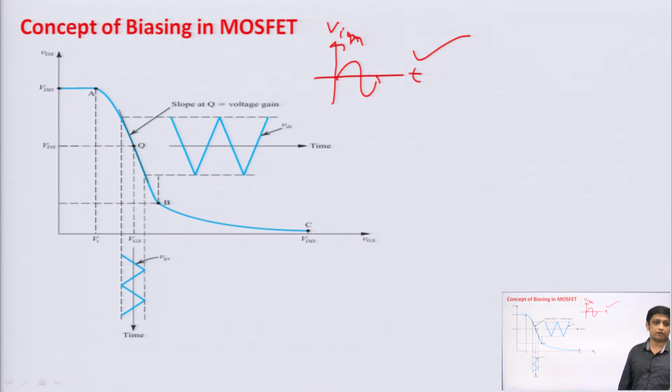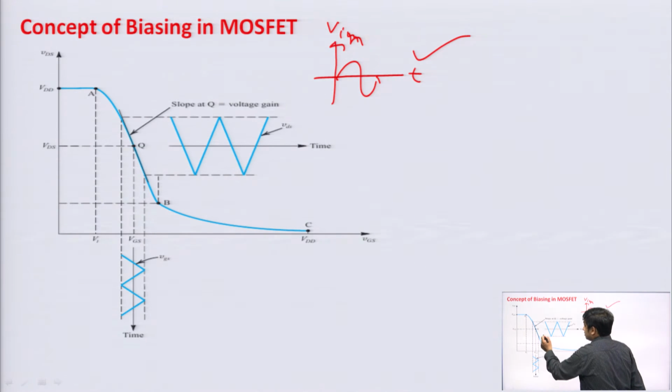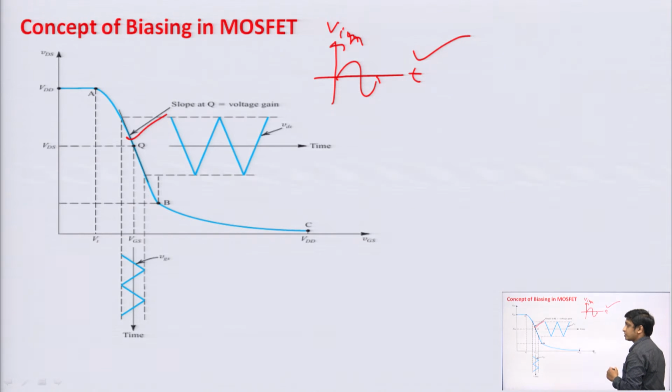What we require is an amplifier. We can design an amplifier using BJT, and we can design an amplifier using MOSFET. When we design an amplifier using MOSFET, we need to ensure that the MOSFET is in the saturation region. In that region the MOSFET works as an amplifier, and your Q point should be in the middle of the saturation region, fine.